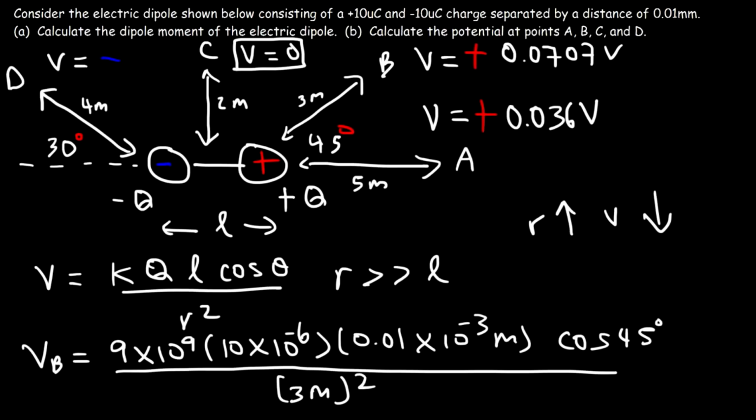Now let's use a different variant of the equation for part C. You can still use the same form if you want to. Now recall that we said that the dipole moment is equal to the charge times the separation distance. And so when we multiplied 10 times 10 to the minus 6 by 0.01 times 10 to the minus 3, the dipole moment is 1 times 10 to the negative 10 coulombs times meters.